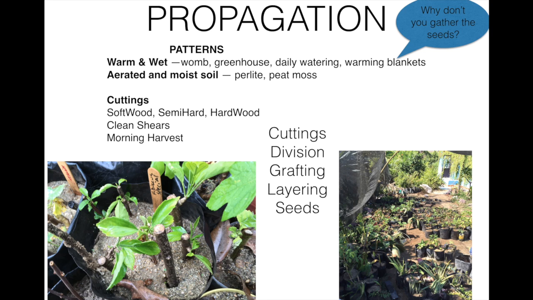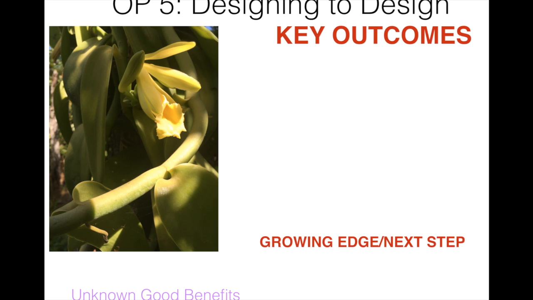Softwood is very fragile, and I sometimes bloom the roots of that in water, whereas hardwood I don't want to water as much because it can rot with the bark, so it needs much more infrequent watering, whereas the semi-hard is what I most often use because it's the middle of the road and it likes those warm, wet environments and just kind of nice womb environment. Clean shears, morning harvest, other great practices, patterns of propagation.